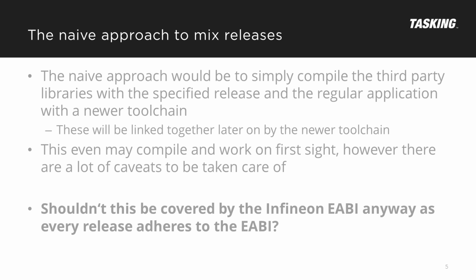And we link them together with the most recent release, for example the 6.0, and we even tried it, and it compiled, and we just started the software and it seems to work. Can you give us the okay that we can do it?